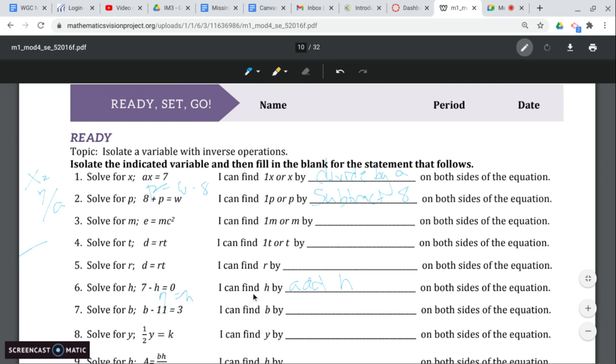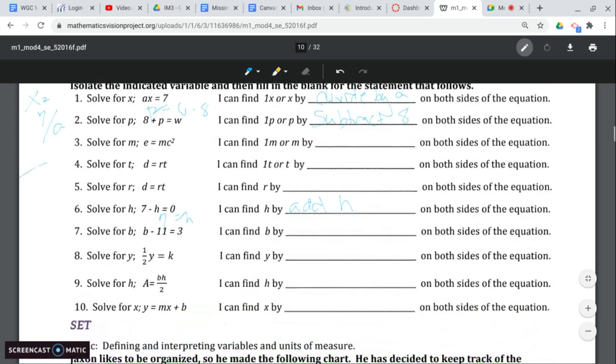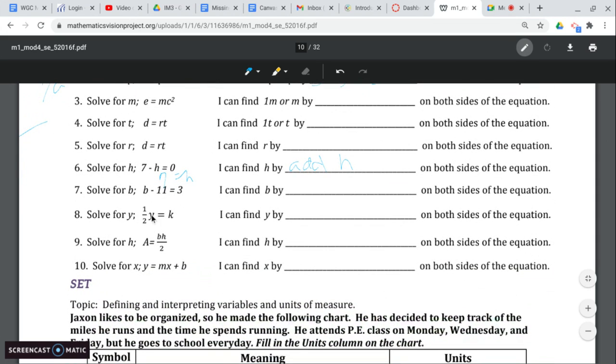All right, the next one we're looking at is number 8. We want to solve for y. We have 1/2 y equals k. How are we going to get rid of the 1/2? Well, to get rid of a unit fraction, meaning when we have 1 over some number, we multiply by the denominator. So we're going to multiply by 2 on both sides.